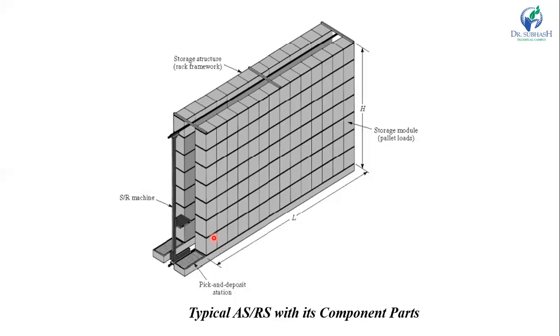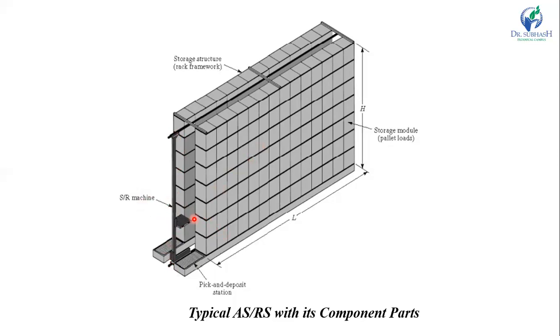The pallet is moved from the P&D station to storage by the storage and retrieval machine. You can see this is the storage and retrieval machine, which moves up and down and on this side, and is known as the stacker crane.